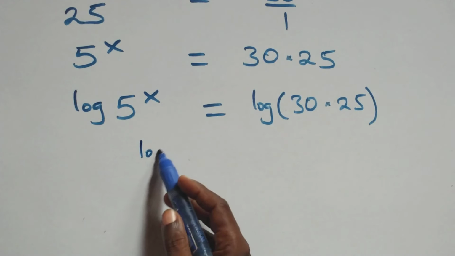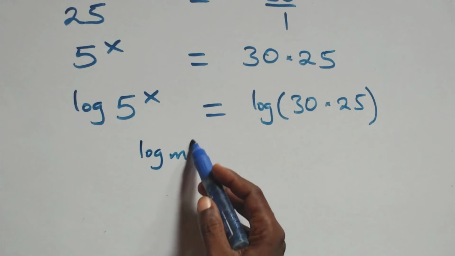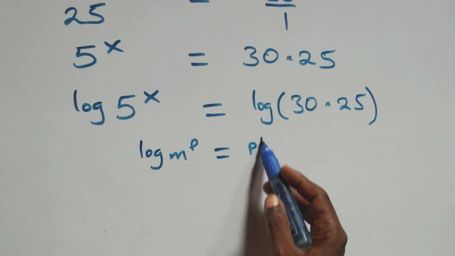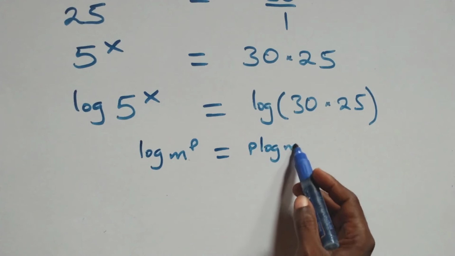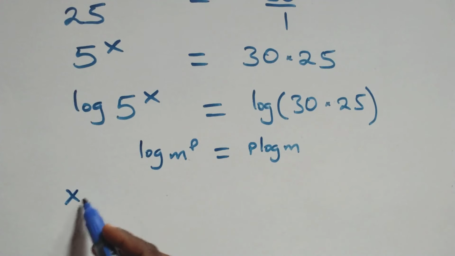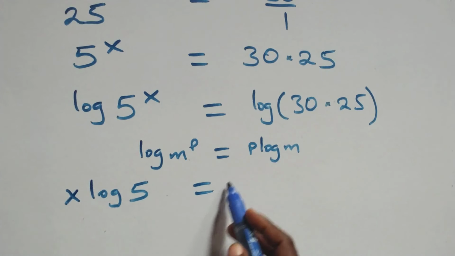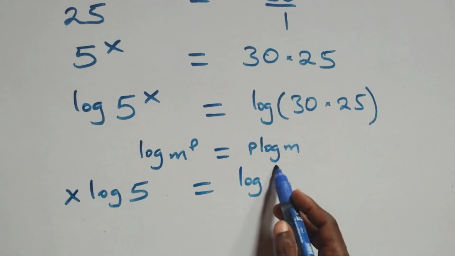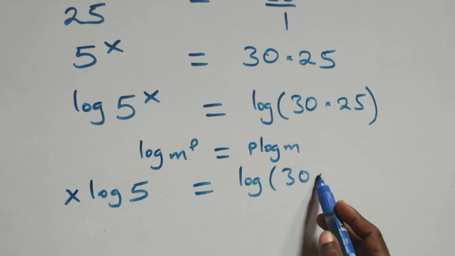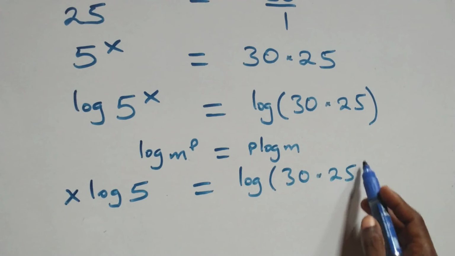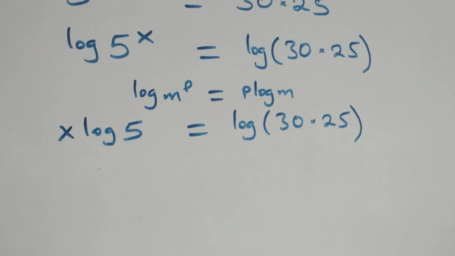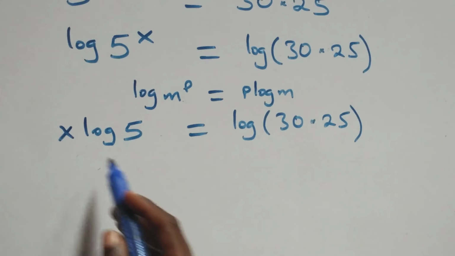When we have log m raised to power p, it is the same thing as p log m. Here we have x log 5 equals log 30 times 25. The next step, here we divide both sides by log 5.